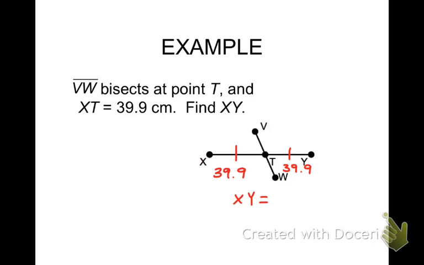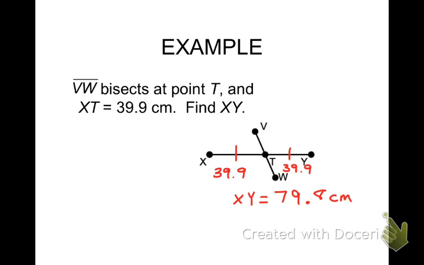How many points do I need to take away? 0.2. So 40 take away 0.2 would be... Oh, 40 plus 40 is 80. 79. There we go. I was with you, Carter, on that too. I was like, what? That doesn't make sense. Okay, 79.8 units, centimeters. Okay, so if you hear the word bisect, we're thinking it cuts it in half.